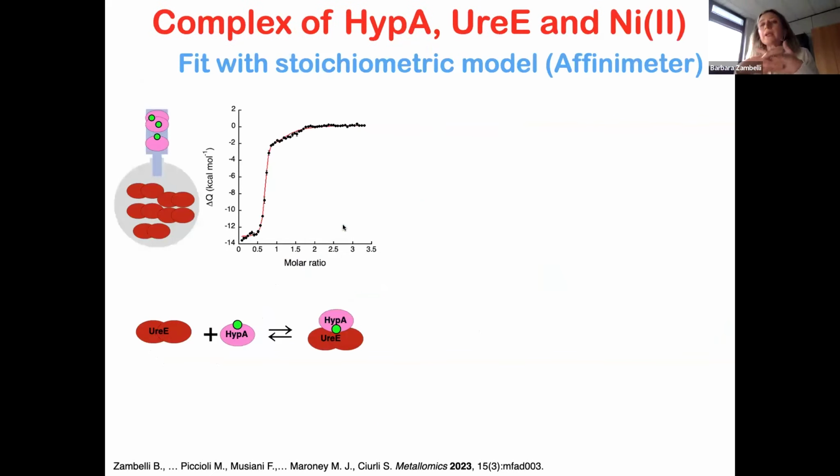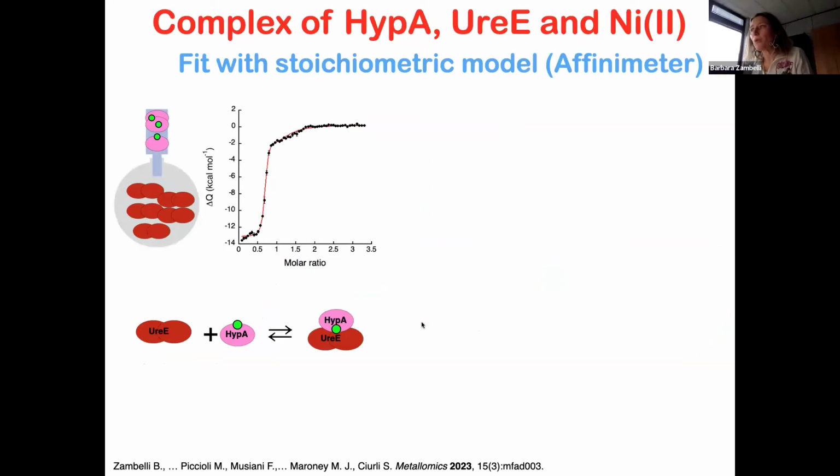To do this, we used ITC, and we titrated nickel HypA over urease. And the binding curve that we obtained is not straightforward. There are multiple events occurring here, as you can see by the multiple curvatures of the curve.